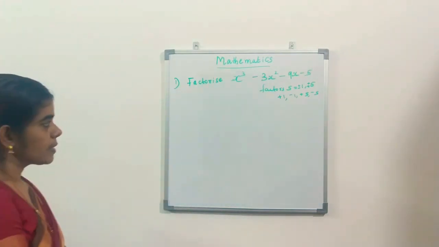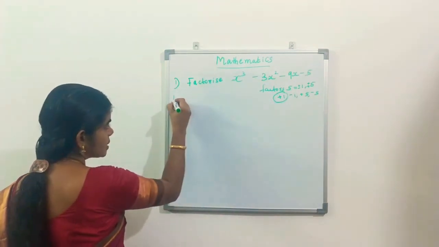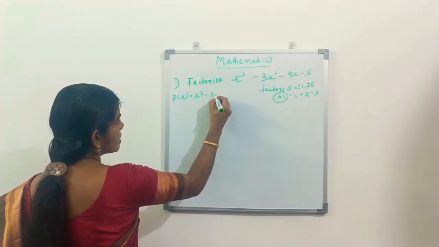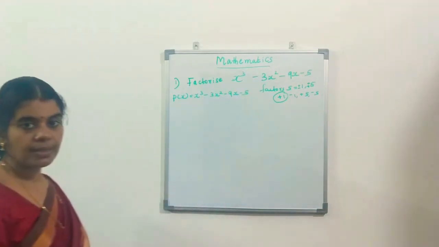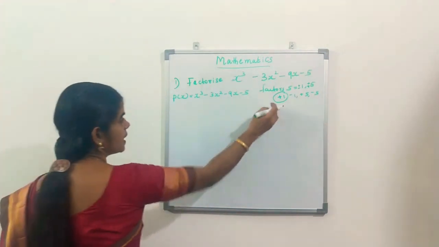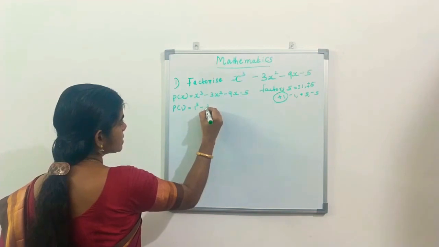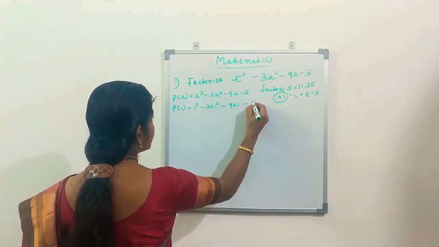First we can look at p of 1. First you can write p of x is equal to x cube minus 3x square minus 9x minus 5. Then we can find the value of p of 1. P of 1 is equal to 1 cube minus 3 into 1 square minus 9 into 1 minus 5.